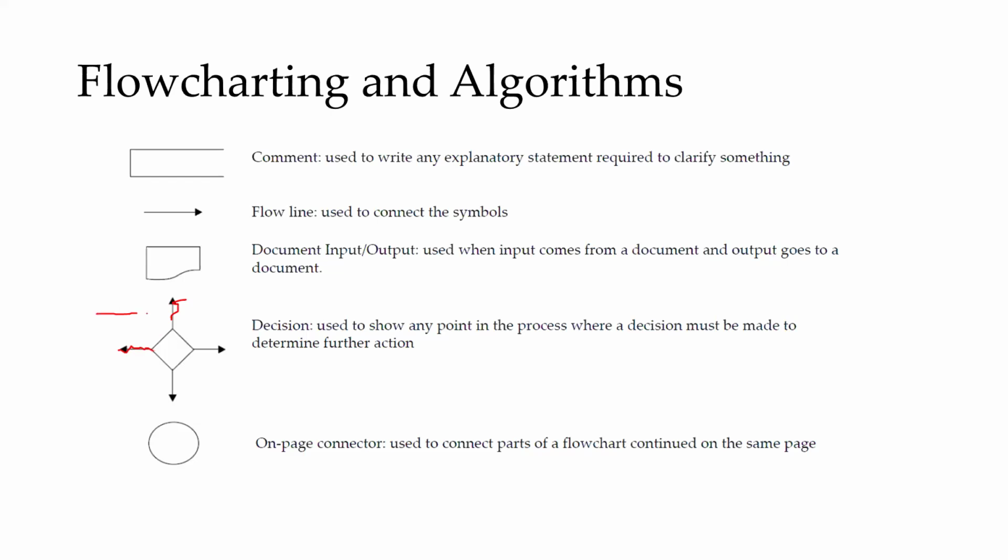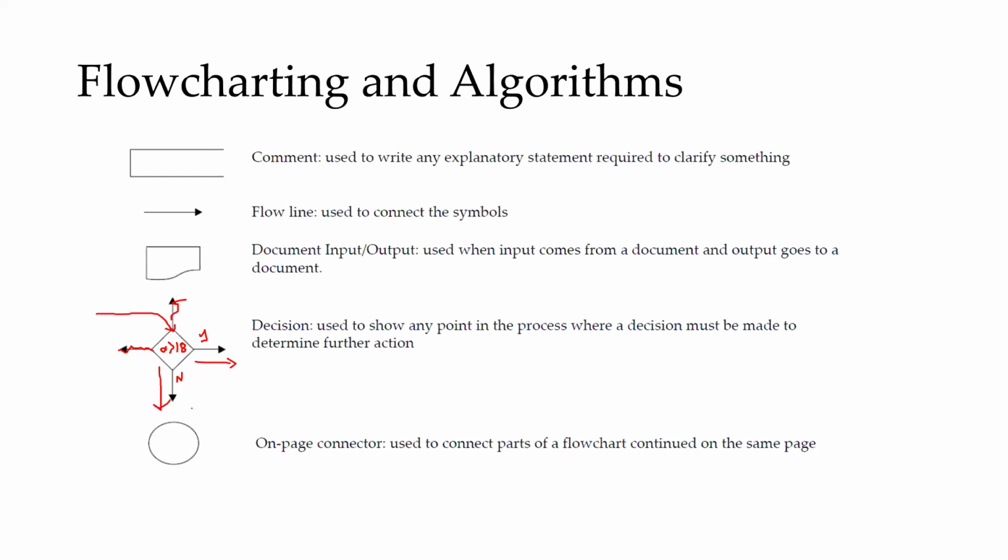For example, we have a flow coming from the left side, and we have a yes branch and a no branch. We will compare our age with the 18 value. If it is greater than 18, we will navigate in this direction. If the answer is no, we will go this way.